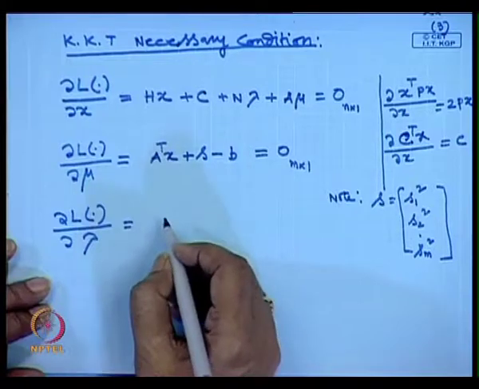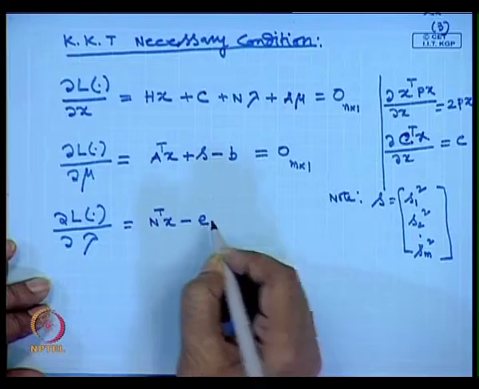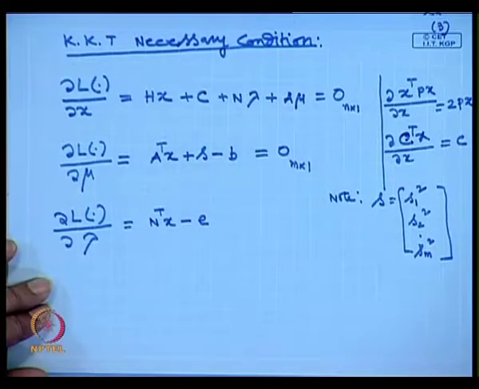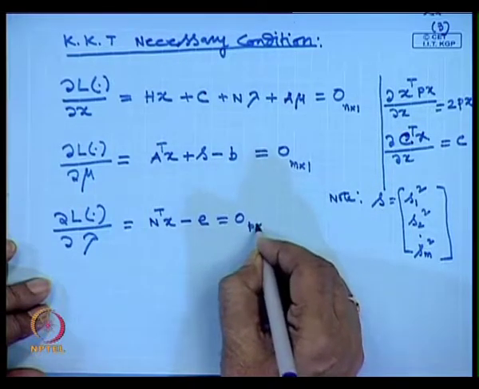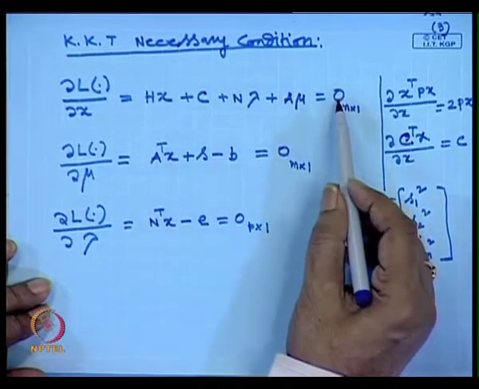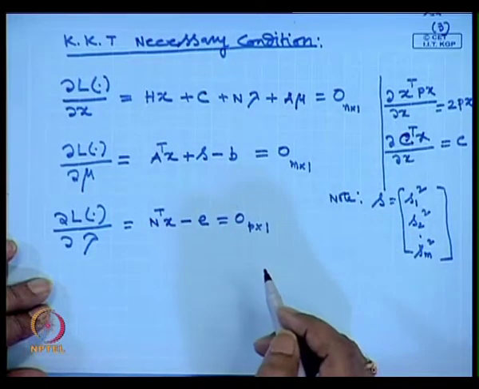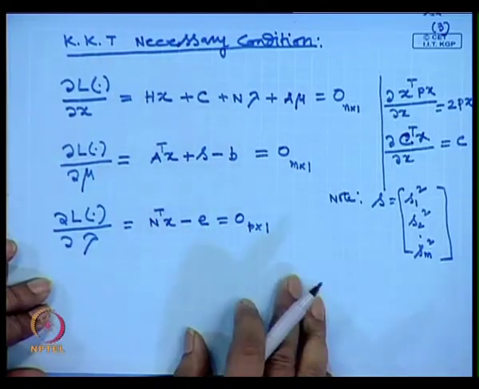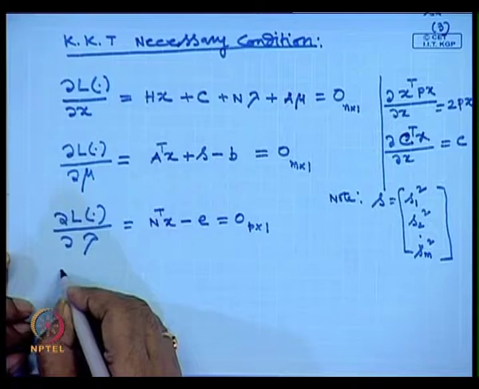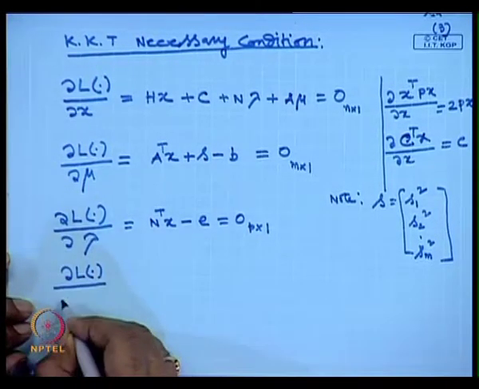It will be N transpose x minus E, and there are p equality constraints. So altogether we have n plus m plus p equations. In addition to that, we have the switching functions that we have seen earlier. Then we differentiate L with respect to S.